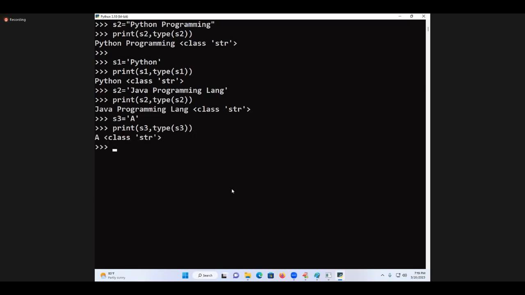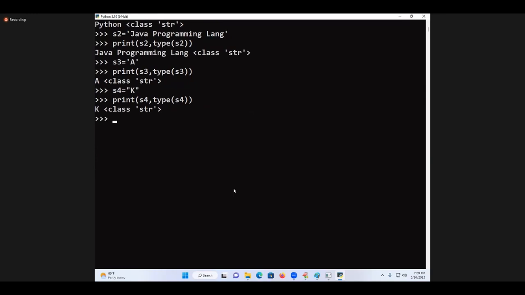So Python does not contain a char data type. Next, s4 is equal to double quotes K. Print s4 comma type of s4. What is the answer? str. Are you getting my point? Yes.